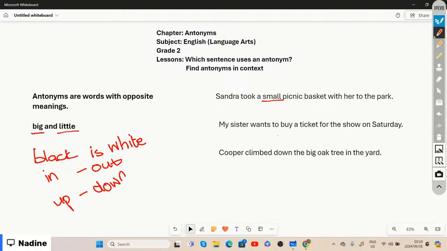It's not black, it is white. If it's not in, it is out. If it's not up, it is down. If it's not small, we can say it is big. What is another word that would be the opposite of small?